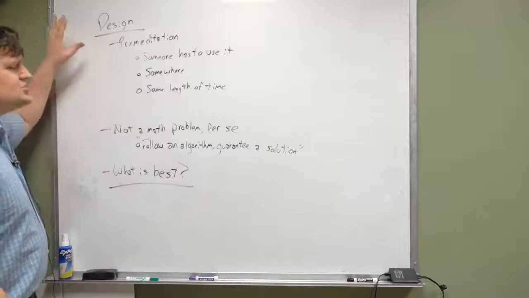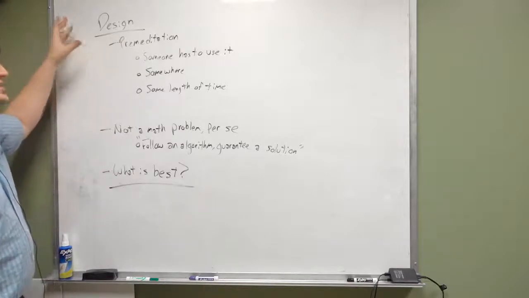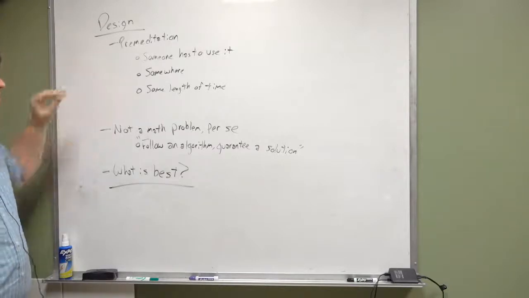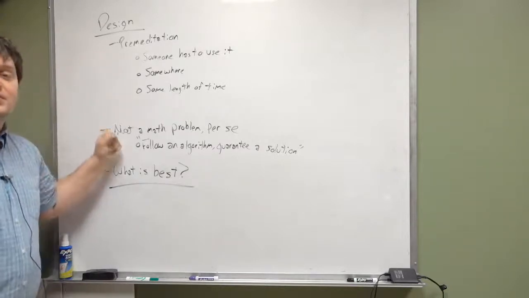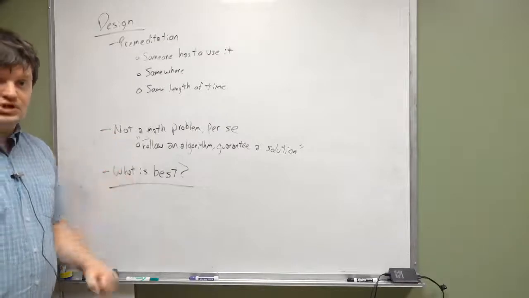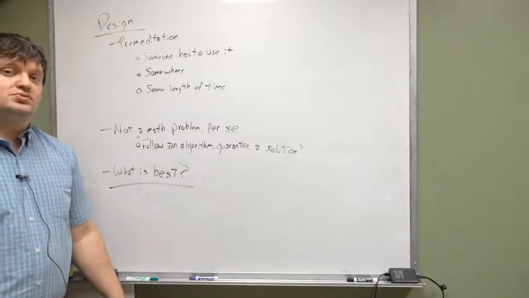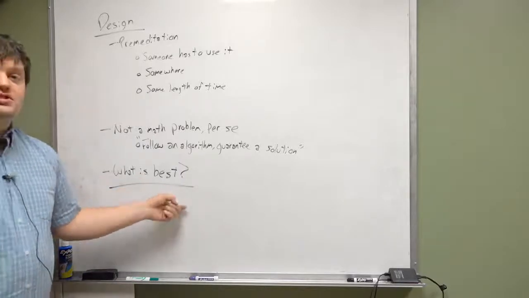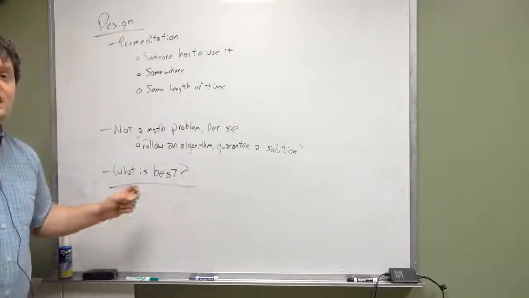So, when it comes to design, the idea is you have to understand what the problem is that you're solving. You cannot simply end up with only one solution. You're doing the design process wrong if you do that. And lastly, you need to ensure that that solution is the best.